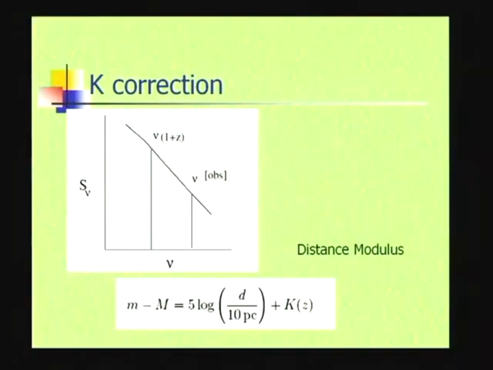Now, we would like the absolute magnitude to quantify the intrinsic brightness of the source. So suppose we measure the apparent magnitude of a source at some frequency nu.